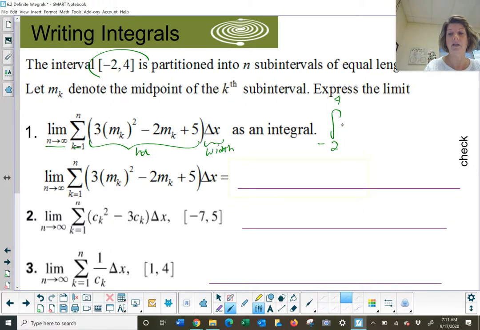So I'm going to just say that I've got 3x squared minus 2x plus 5. The width is taken care of by the differential dx, because this means very, very small x, infinitesimally small.